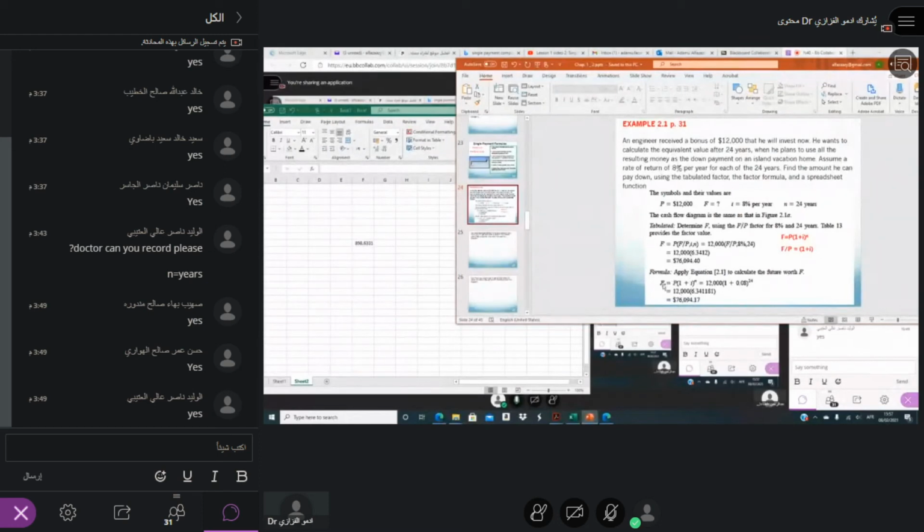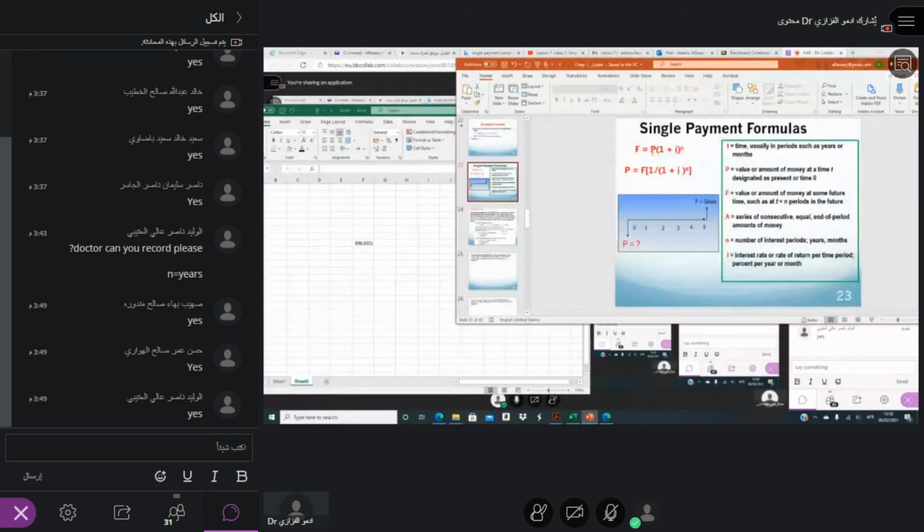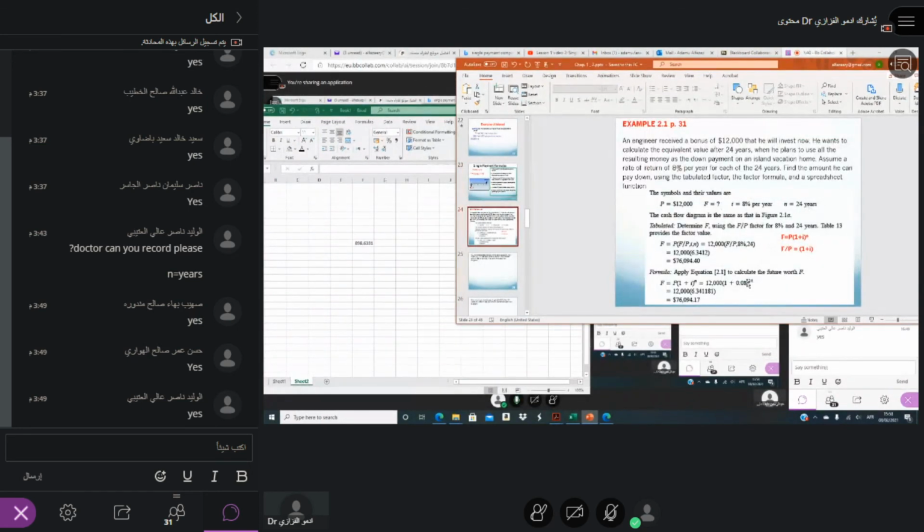F is equal to P times (1 plus i) raised to the power of N. If you remember this, he has the principal, which is $12,000, the interest rate is 8%, and N is 24 years. So if you plug it in like this, then you will be able to arrive at this relation.